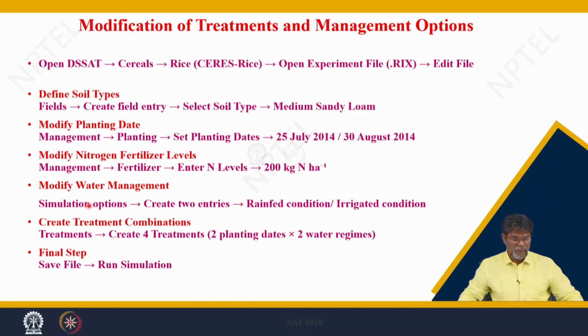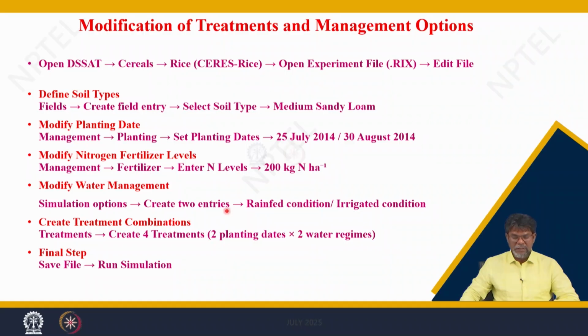Hope you can follow the previous exercise and previous lectures, where we explained the crop management data inputs in detail. Looking at those lectures, you can create the treatments for the rain-fed and irrigated conditions, making changes in the simulation options file. Then create the treatment.